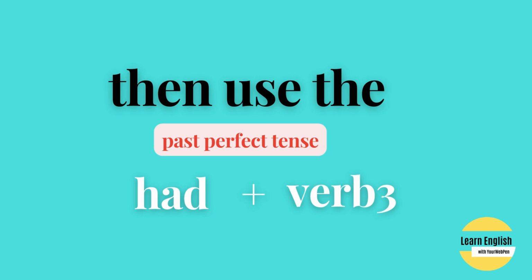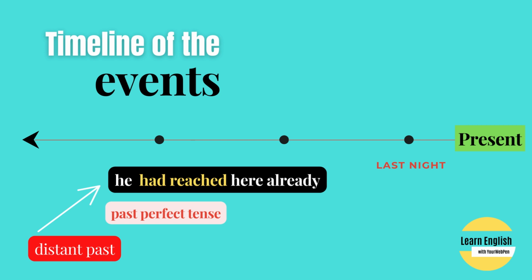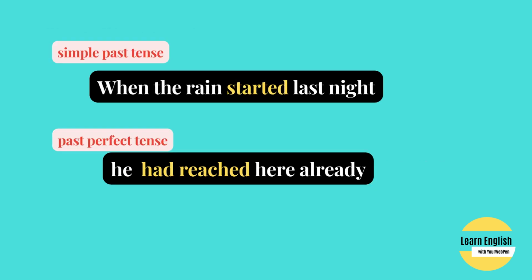So when the rain started last night, that is the pure past tense, he had reached. He had reached here already. So when the rain started last night, this is the past time, simple past tense.